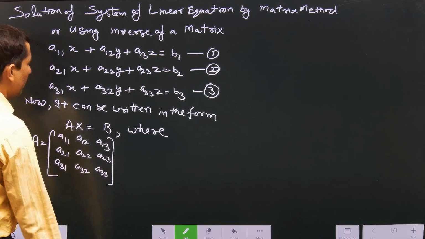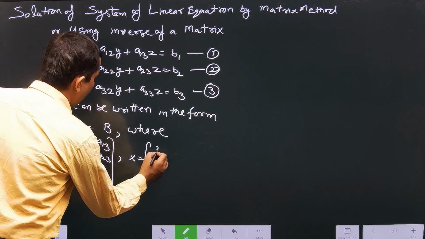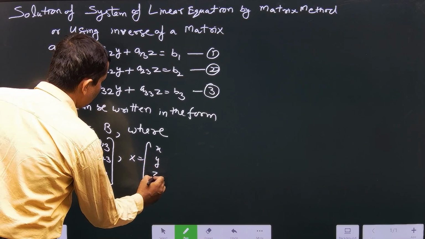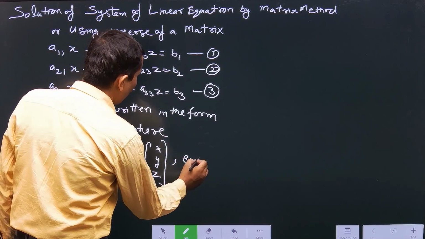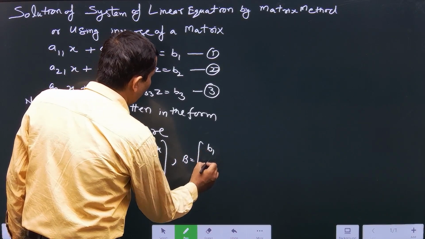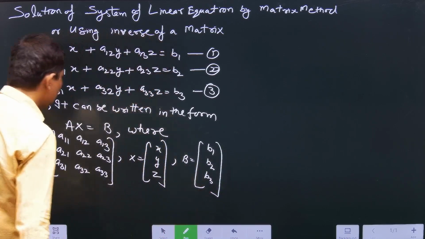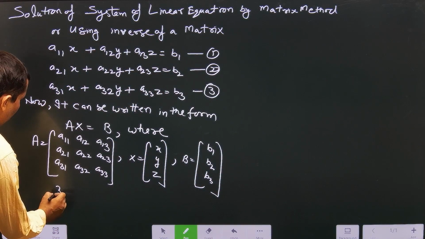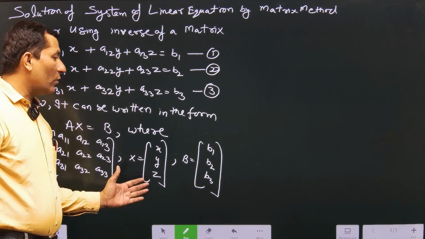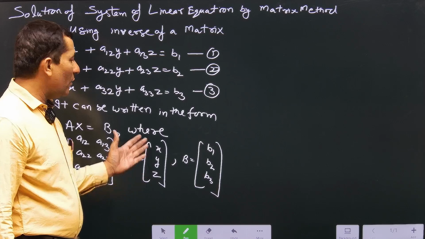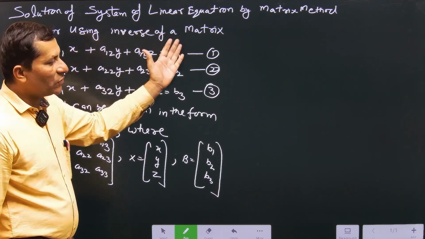This is your A, and your X is x, y and z, and your B is b1, b2 and b3. It is the case of order 3 by 3. And the ultimate objective here is to find the value of x, y and z by matrix method after using the inverse of a matrix.